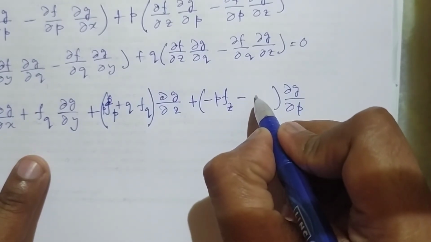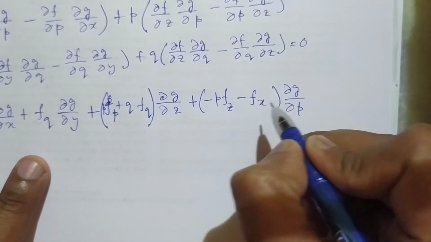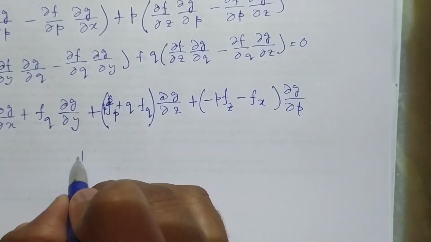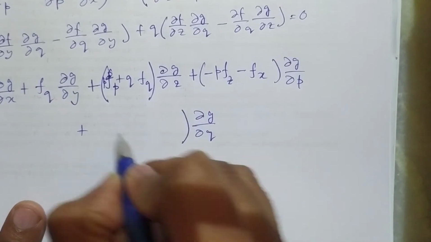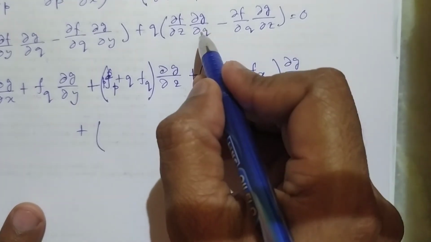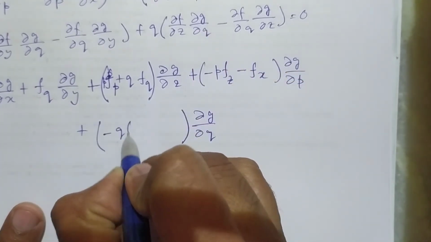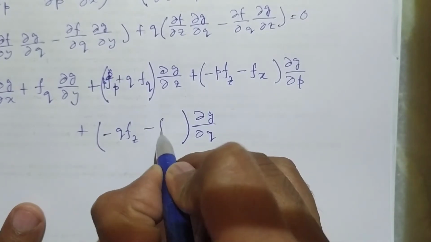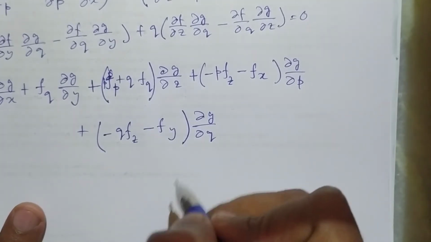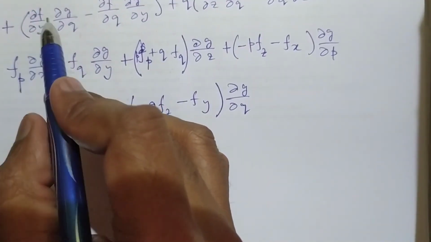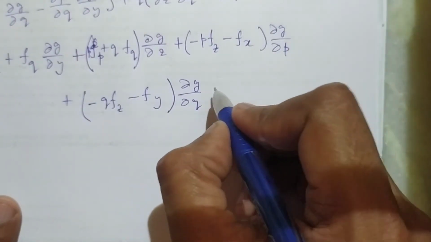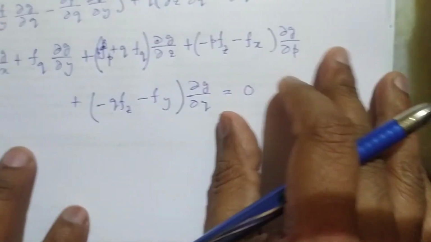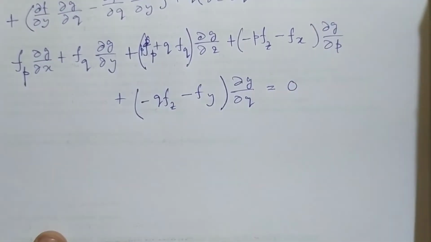Next, del g del q: q f z minus f y from there, and this is equal to 0. No more terms have been left.